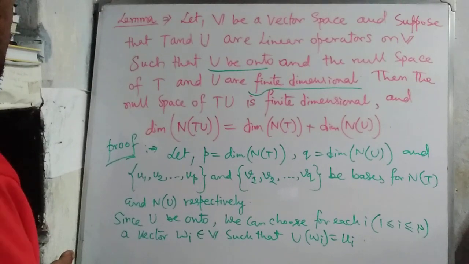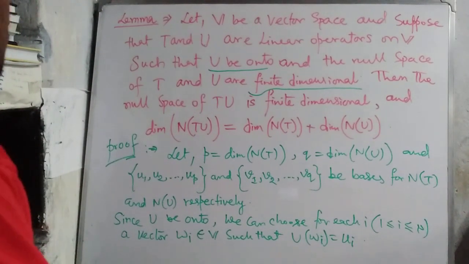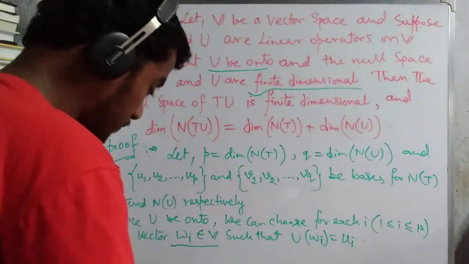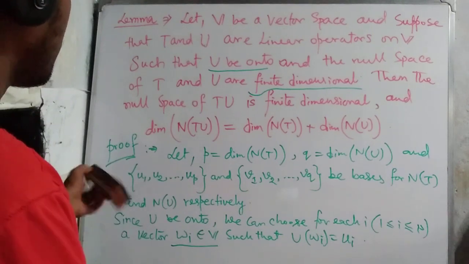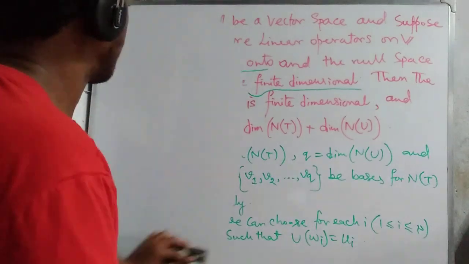Understood? That means U being onto implies this: we can choose for each i a vector wi such that this holds. Now we erase our portion and go on to further discussion.